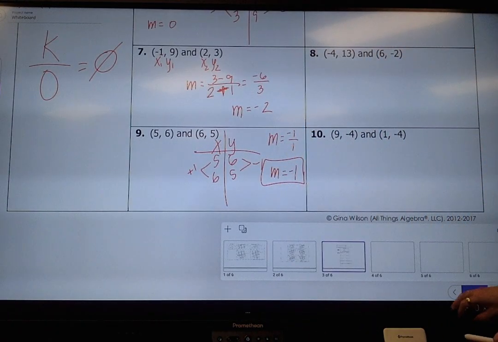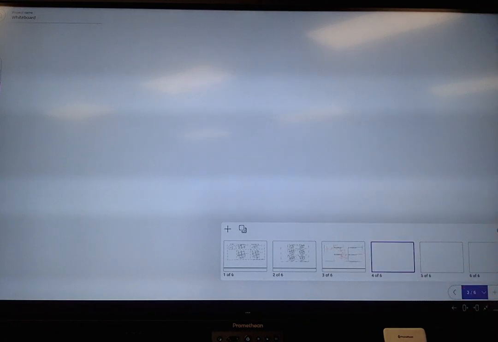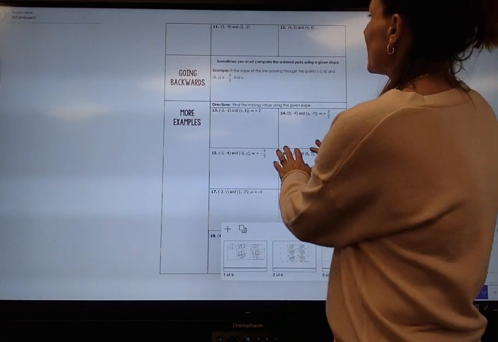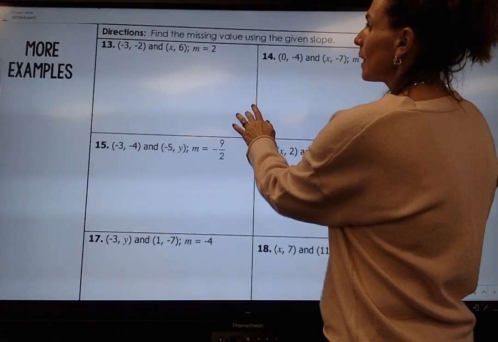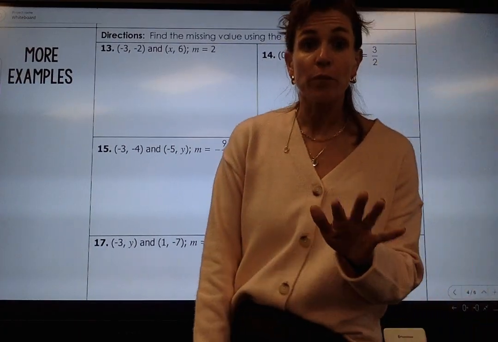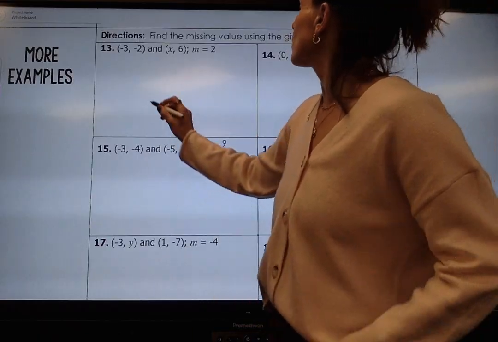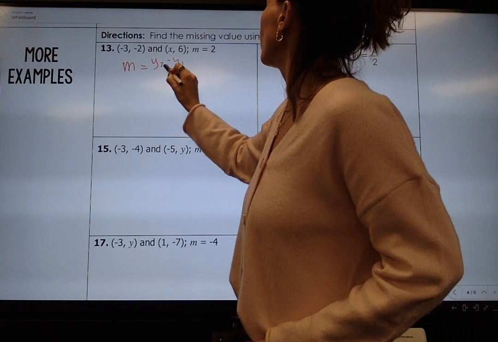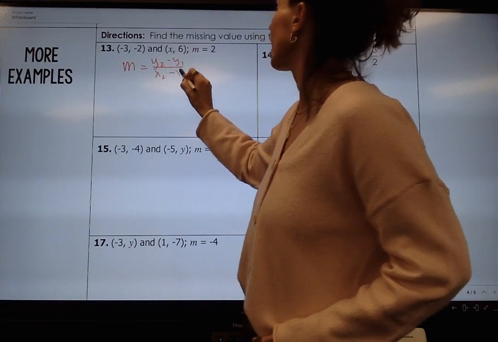Now, let's take a look and see what happens when you're looking for a missing piece, like this. We are still going to use our formula. So I know that m equals y2 minus y1 over x2 minus x1.